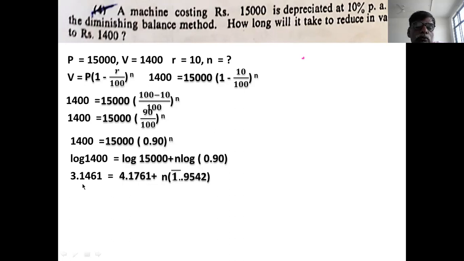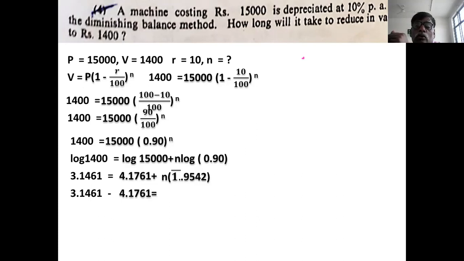If you take the next step, this 4.1761 you take that side: 3.1461 minus 4.1761. Always you take this to that side, not this side.